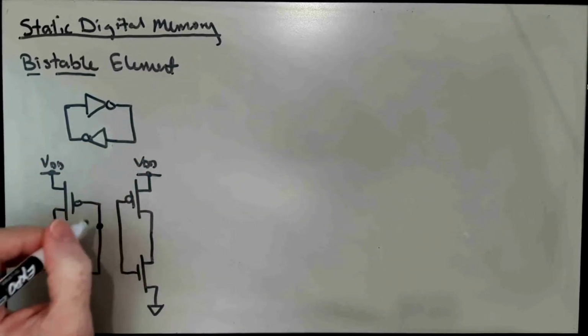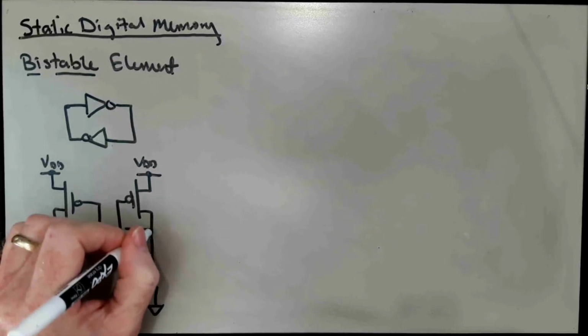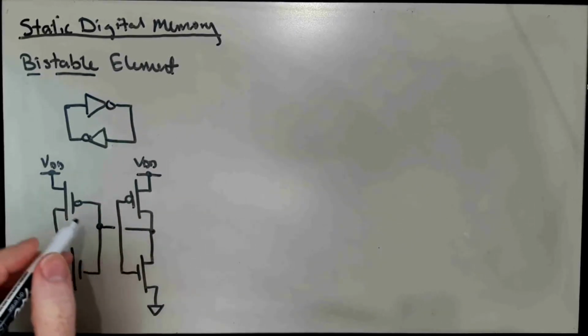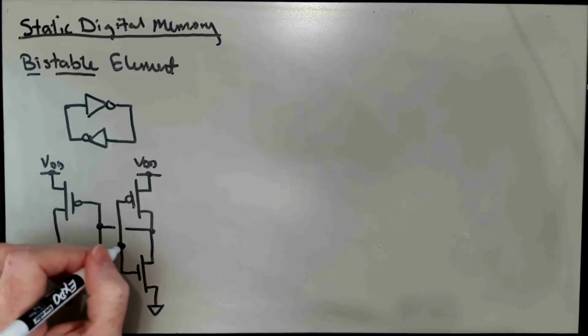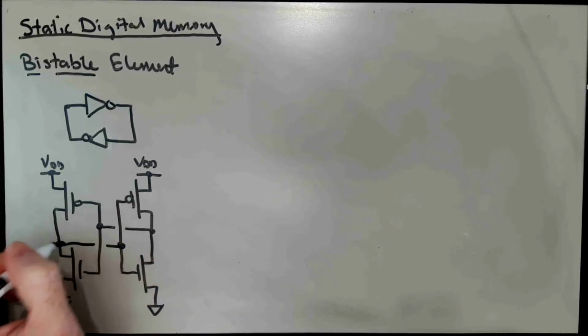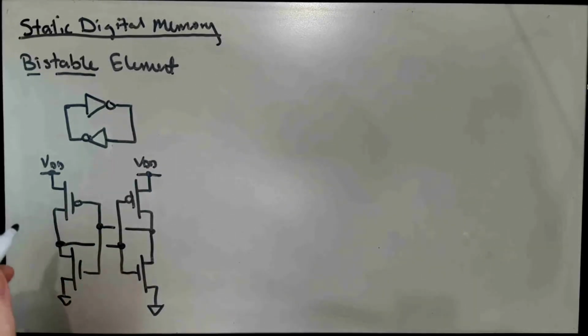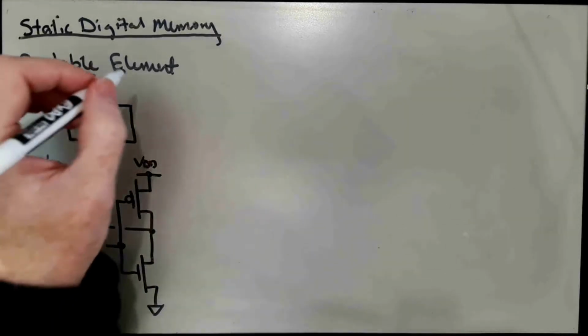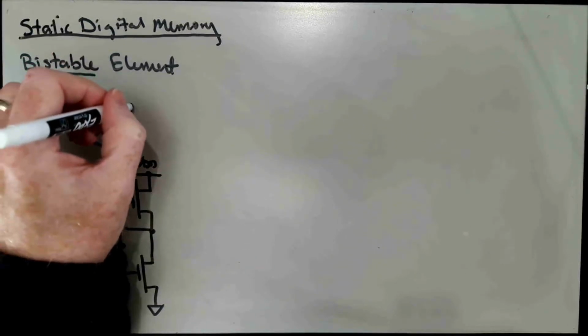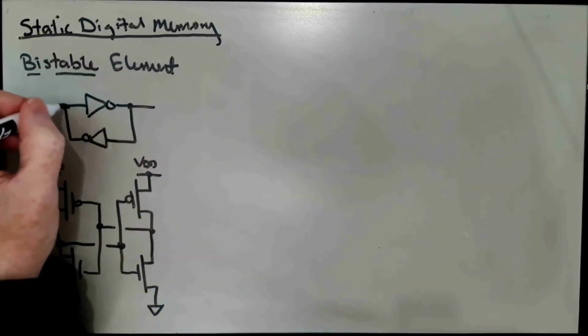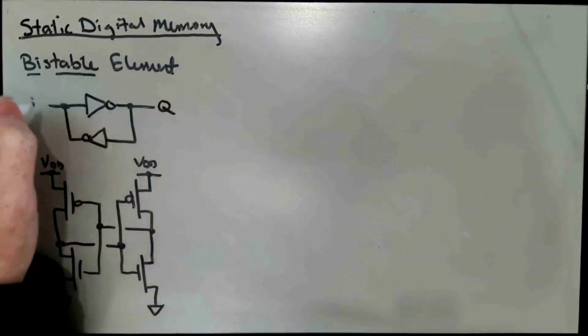And they would be connected so that the output of this one goes to the input of this one, and the input of this one goes to the output of that one. And these two outputs we're going to call Q and Q bar.